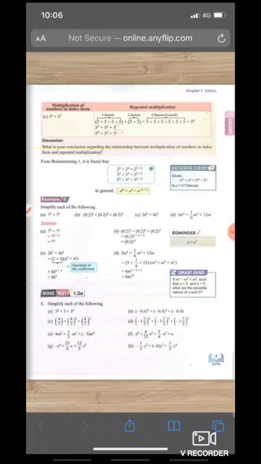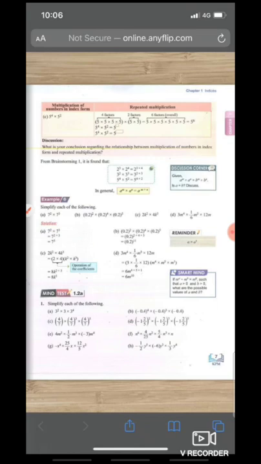C is also the same. 5 to the power of 4 times 5 to the power of 2. 5 is the same base, right? So we just add the powers. 4 plus 2 equals 6. Easy.